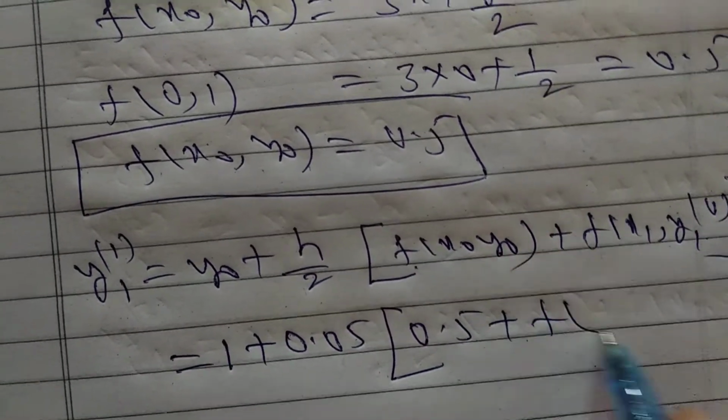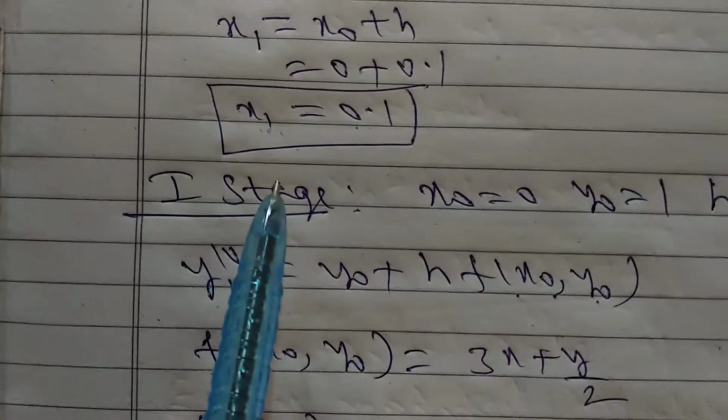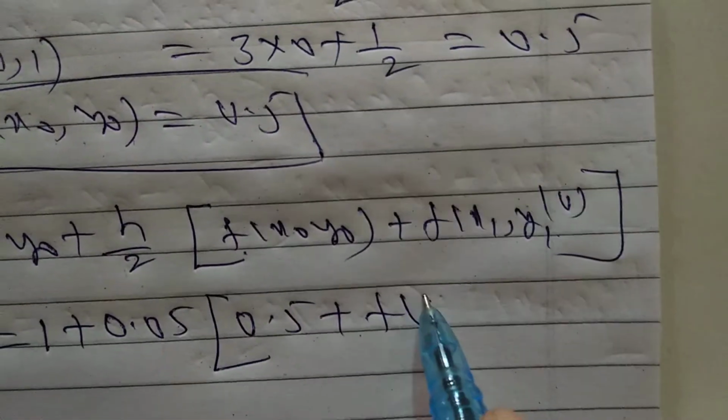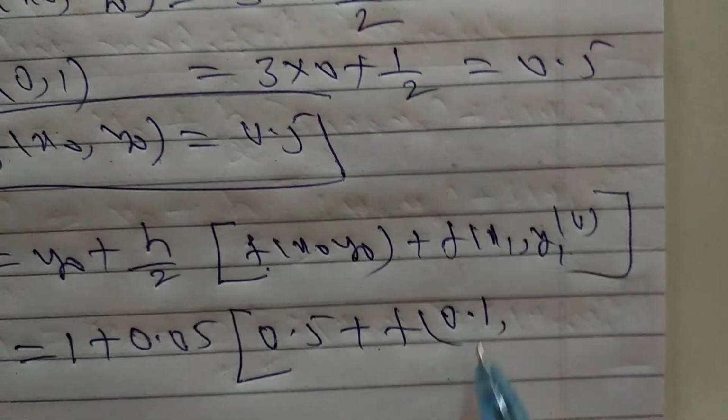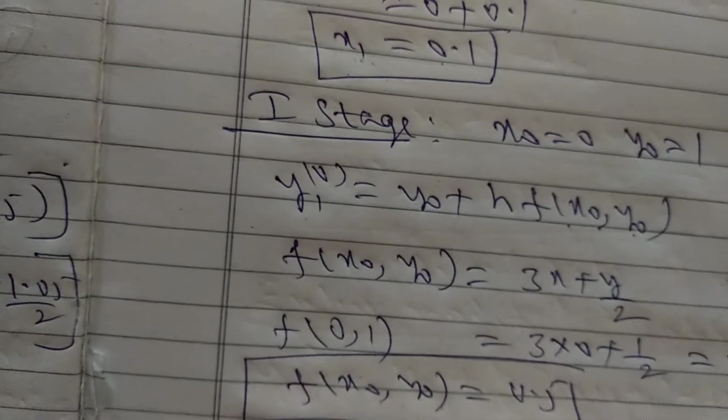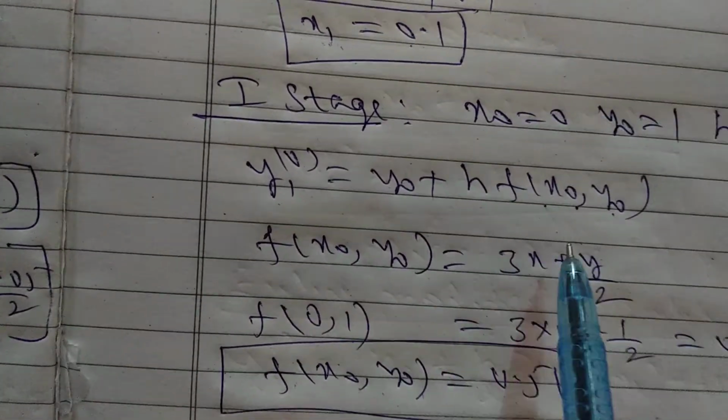Plus function of x1. What is the value for x1 here? You have to see x1 is equal to 0.1. 0.1 comma y1 to 0. Which value is y1 to 0? By Euler's formula.